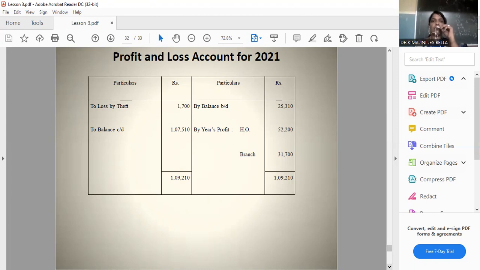What are the items that will come? On the debit side, loss by theft, right?